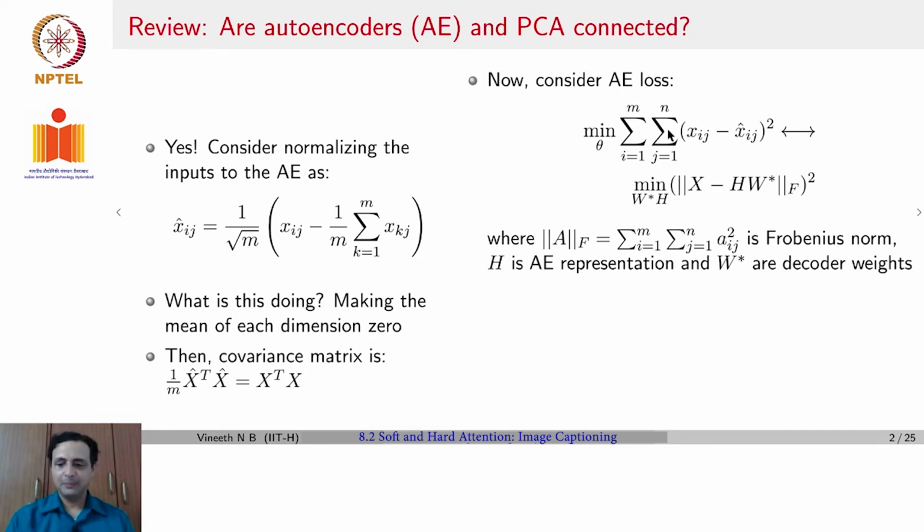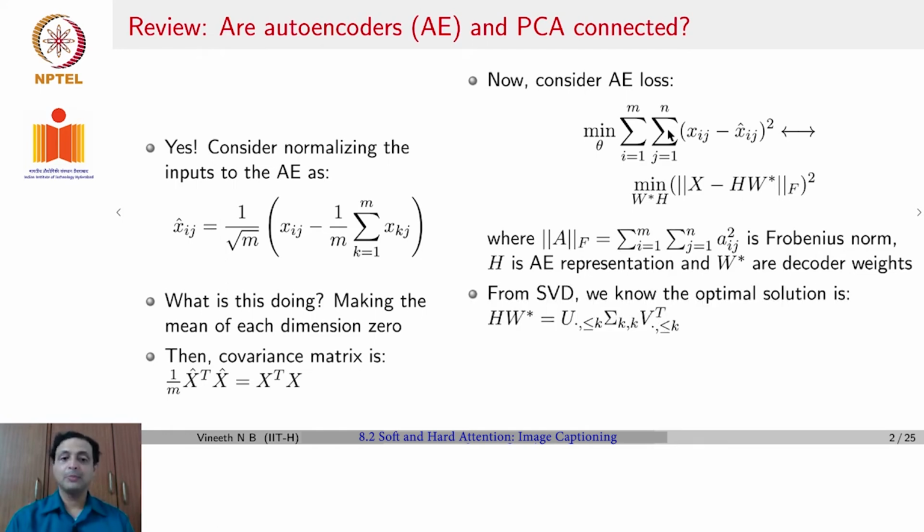Why did we write it this way? Let's see a bit more. We know that for a loss function written this way, H W star, using SVD, can be written as U sigma V transpose, where you consider only the k columns of U and V transpose where you have a non-zero singular value. That's what we are writing this H W star as.